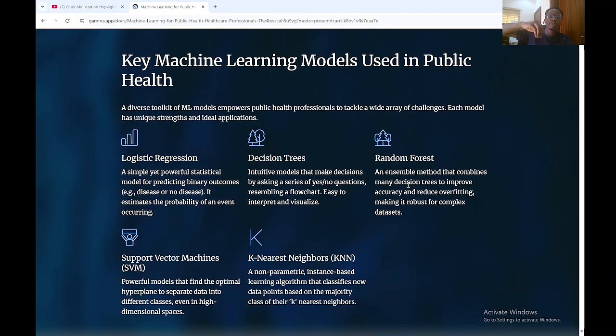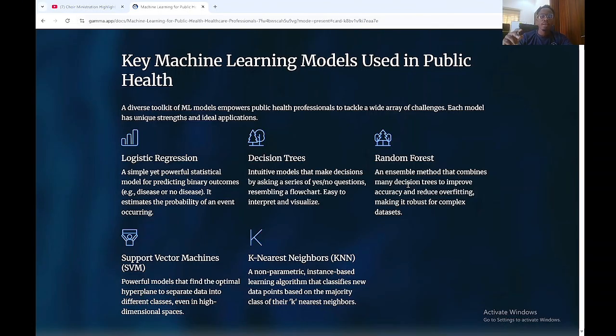So for you to identify those patterns, there are certain models we use to train the machine learning model, to know how effective it can be at making predictions when we test it. One of them is logistic regression, a simple yet powerful statistical model for predicting binary outcomes.